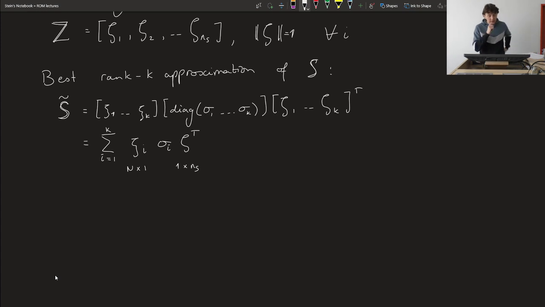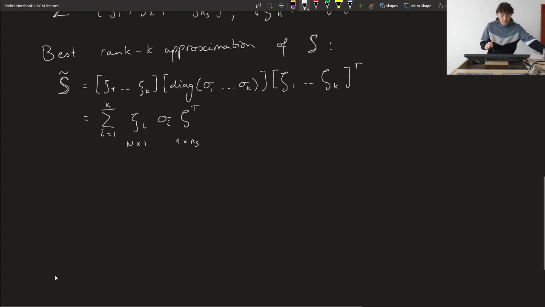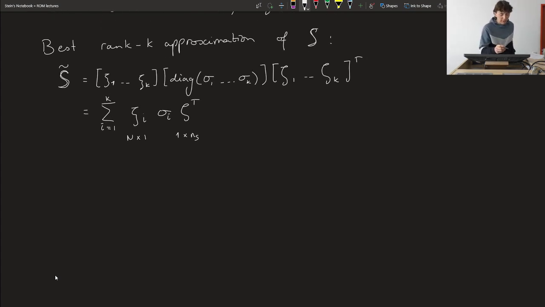Now, and I think this is kind of where I left off the last time. I would like to make an additional comment to this point, because this is still a little bit vague, right? The best approximation, what does that mean? We have to have some definition of what is good and what is bad in order to make a claim about this being the best one.